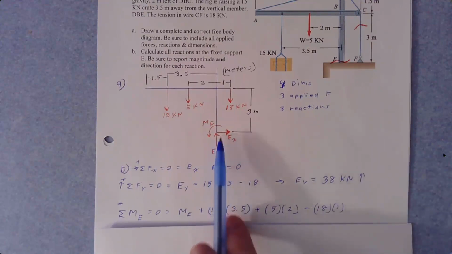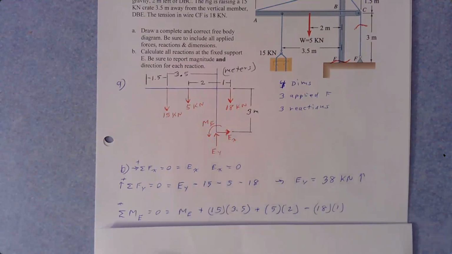So for example, EX and EY, if the sum of the moments about E is going to be equal to 0, in fact, I probably should have labeled these on my diagram, A, B, C, D, E. But first we have an actual moment at E, right? This is what we don't know. We don't know the moment. This is being generated at E.